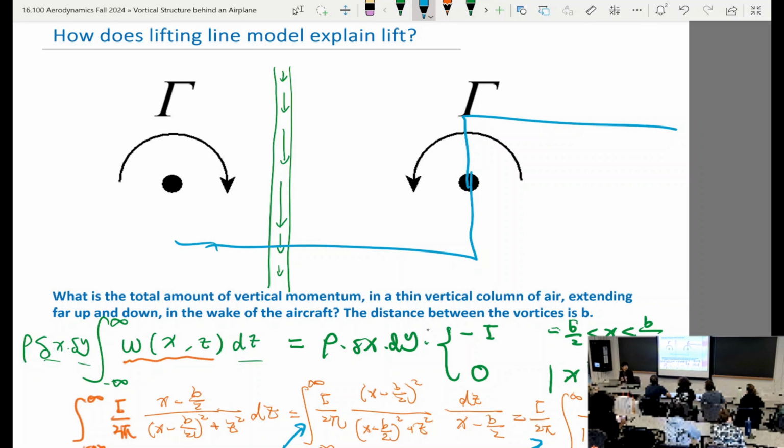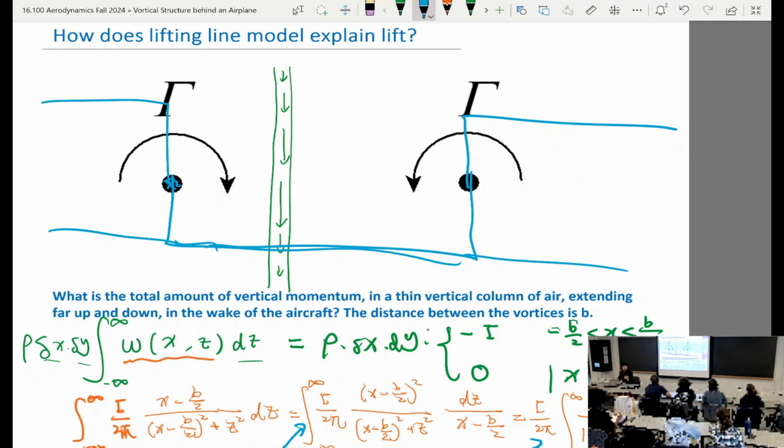For the left vortex, it's exactly the same but opposite. Outside of the two vortices, the induced flow has a total momentum that cancels exactly. Inside of these two vortices, they supplement each other perfectly, each with half the strength of the vortex. If you add it up, it's going to be exactly the green function over here.